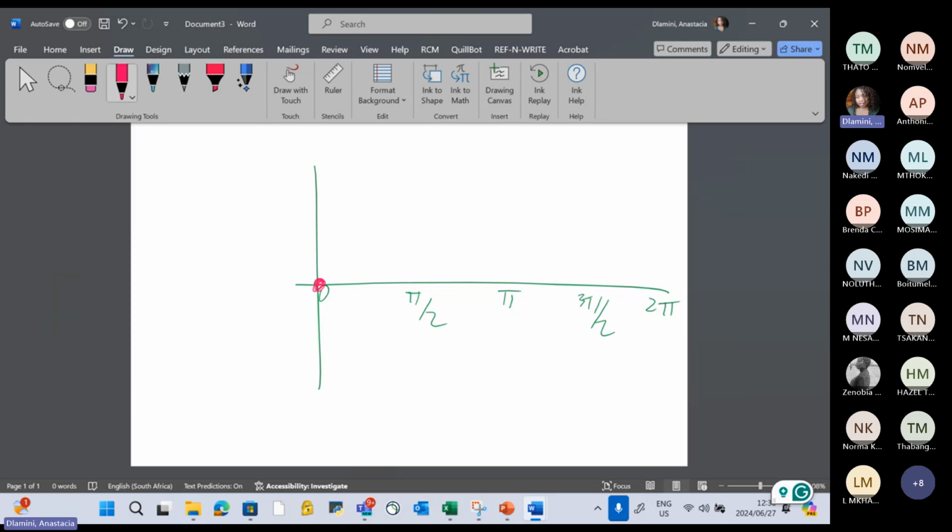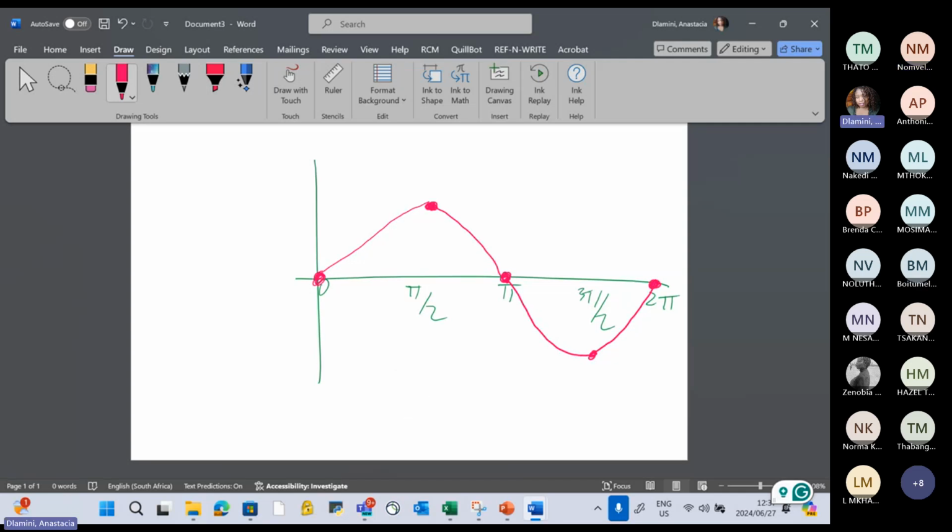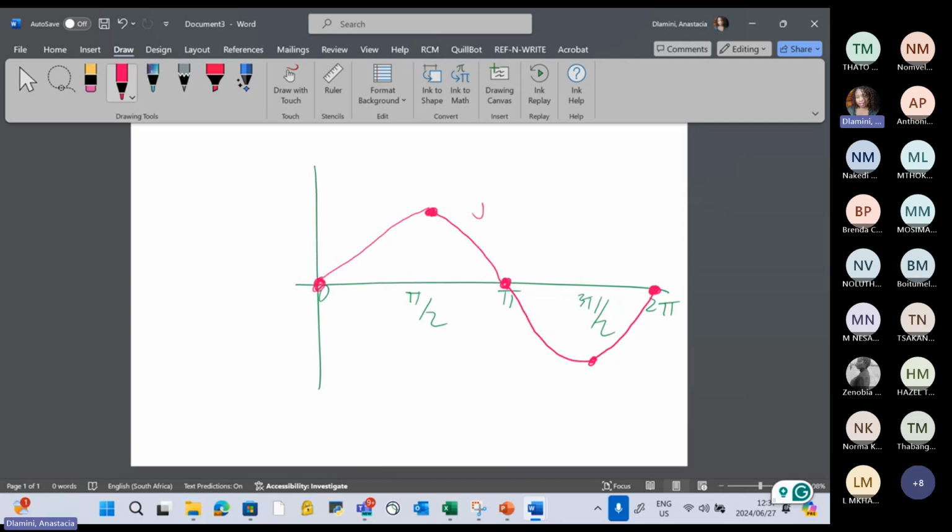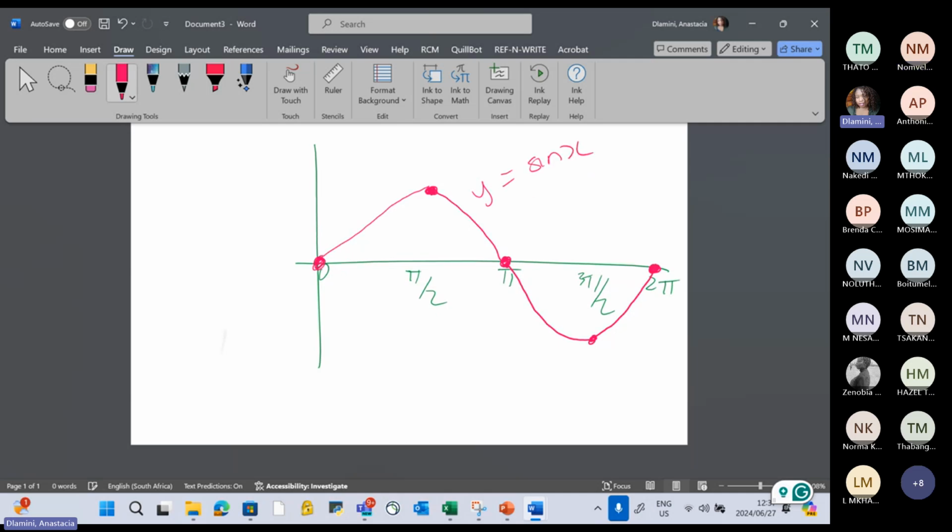Then sine 90 is equal to 1. Then sine 180 is equal to 0. Then sine 270 is equal to -1. Sine 2 pi is equal to 0. Do you see that? So this is the graph of y equals sine of x.